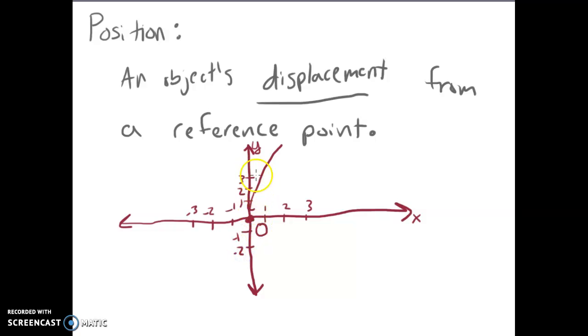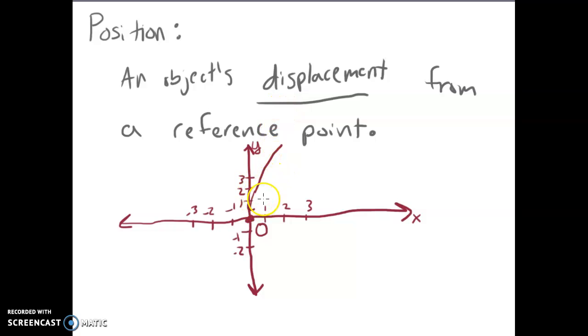It is also important for me to write a couple numbers on each side of the y-axis as well, so you know which arrow is pointing in the positive direction and which arrow is pointing in the negative direction. Because remember, these negatives and these positives are actually telling us the direction, which is important for displacement.